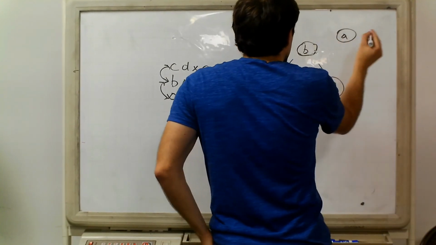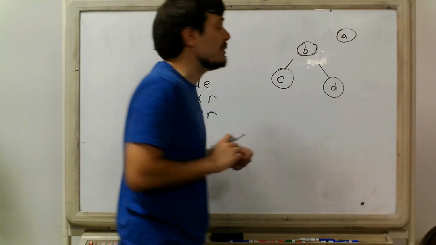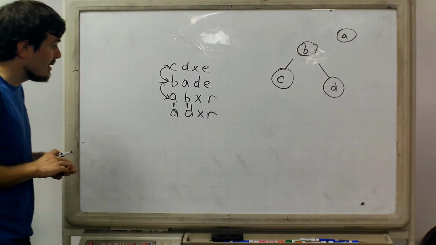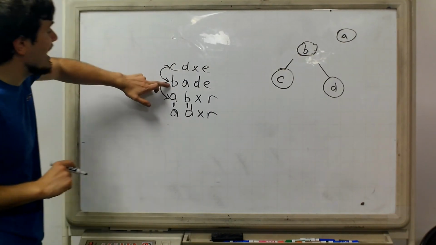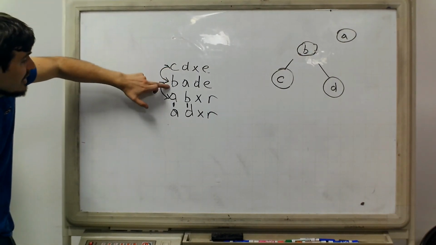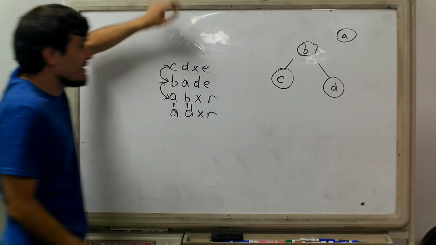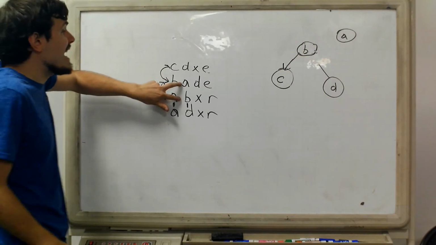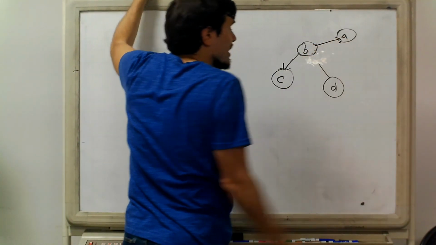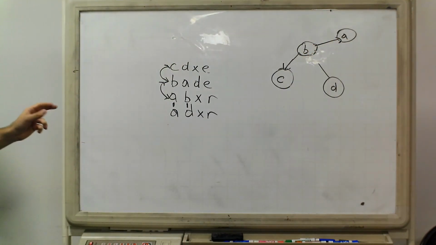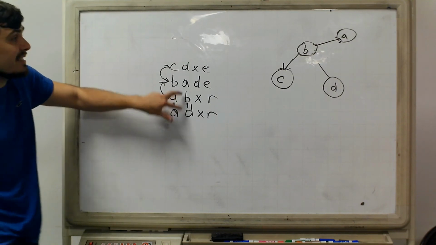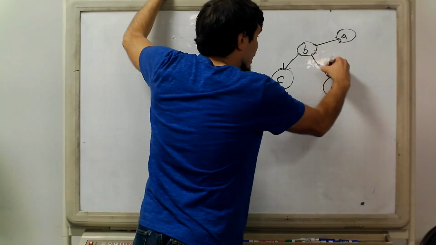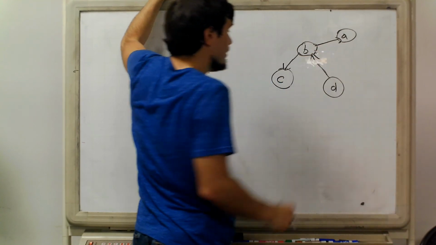What I meant is, my convention is I'm going to draw an arrow towards the thing that's less. So here we had the conclusion that C is less, so we should have drawn this arrow. Here we had the conclusion that A is less, and here we have the conclusion that B is less, so we draw this arrow.